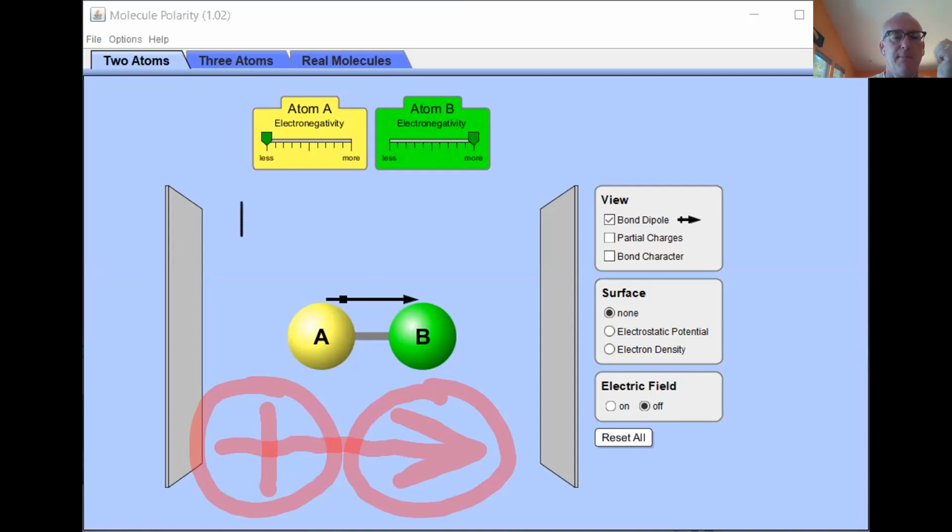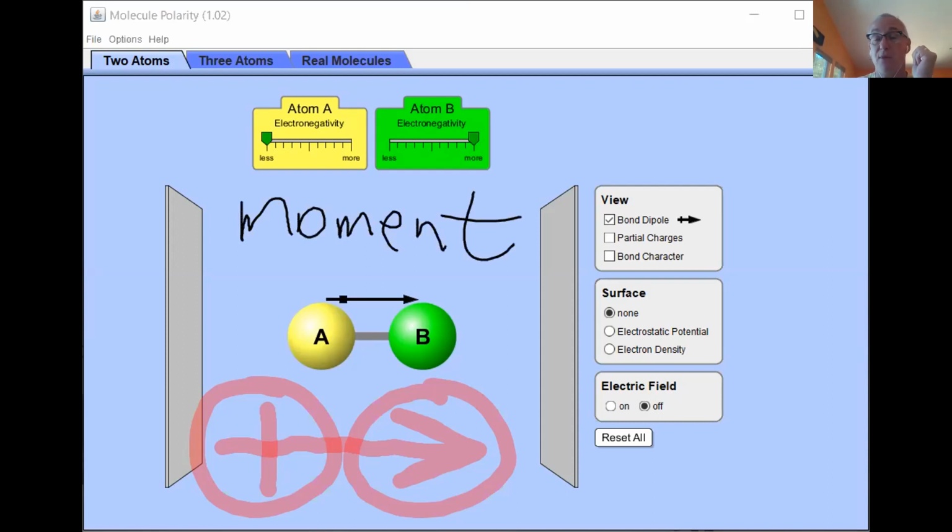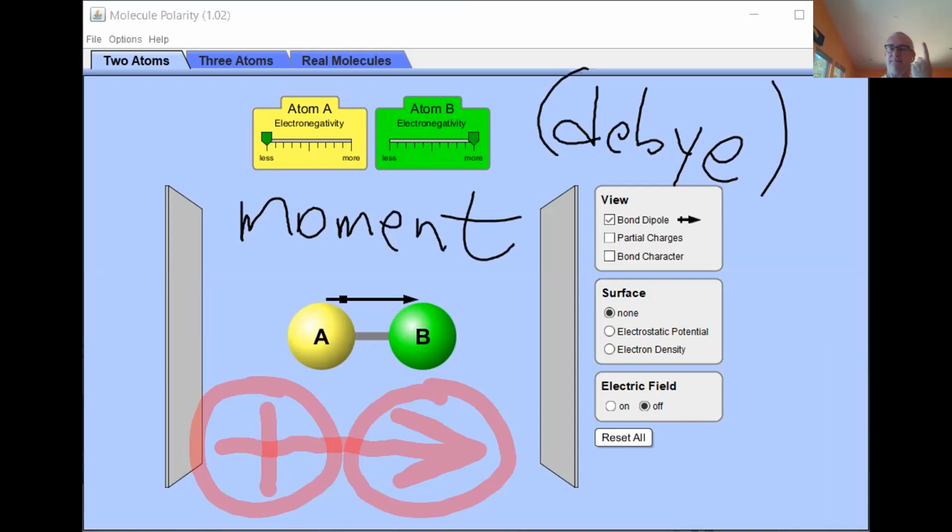We call it a moment, like, let's take a moment. We call it a dipole moment. We measure it in something called Debyes, which always makes me laugh. The larger the number of Debyes, the larger the dipole.